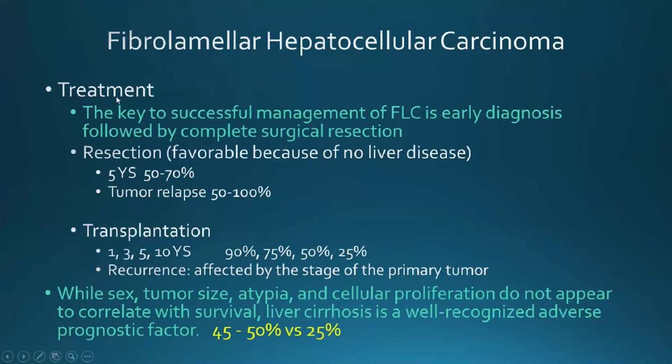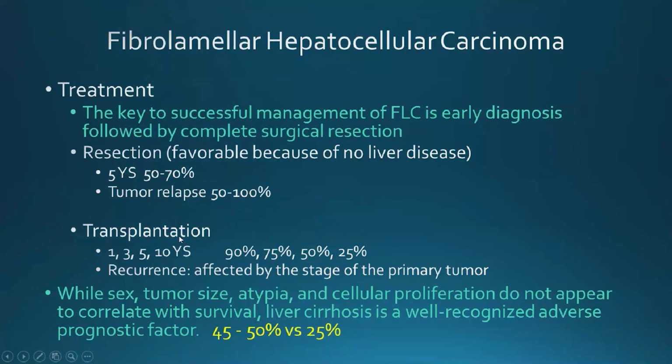And for treatment, the key to successful management of fibrolamellar carcinoma is early diagnosis, followed by complete surgical resection, with a 5-year survival of 50 to 70%. And of course, depending on the stage of the disease at the time of resection, there is a very high chance for tumor recurrence.